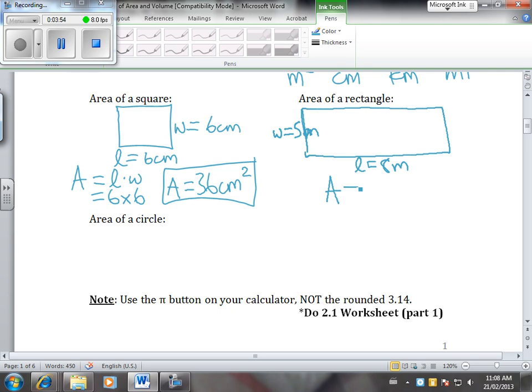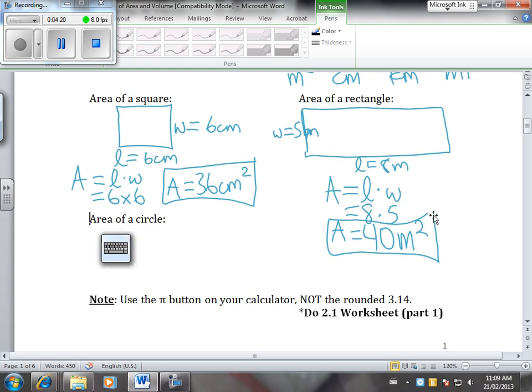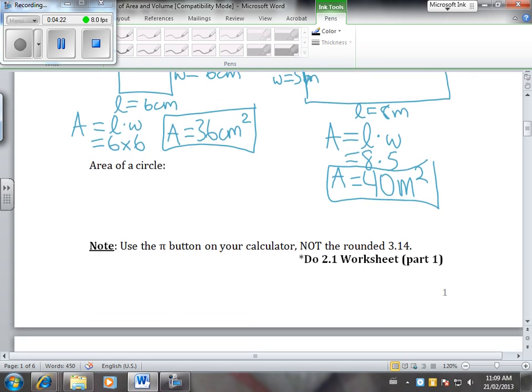For square or rectangle, the formula for area is length times width. So I have 8 times 5. So my area equals 40. I'm working with meters, so it will be 40 meters squared. Because it's area, I'll always square it. So a square or a rectangle area is length times width. So that's pretty straightforward. It's a little bit more complicated for a circle, but not much.